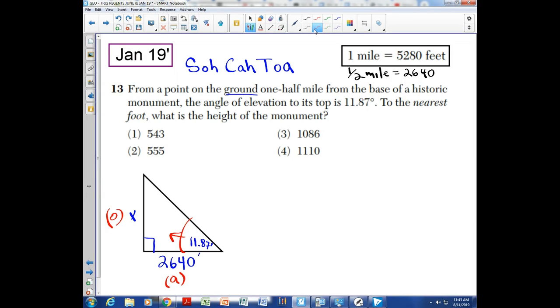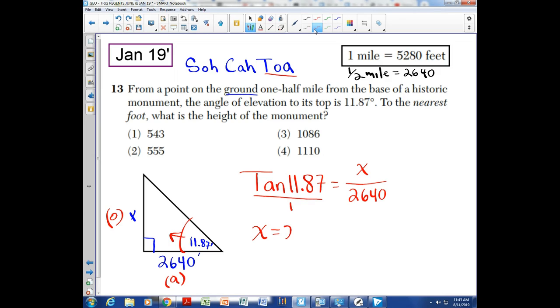So with an O and an A, that's TOA, that's going to be a tangent problem. So the tangent of 11.87 will be equal to my O over my A, my X over 2640.